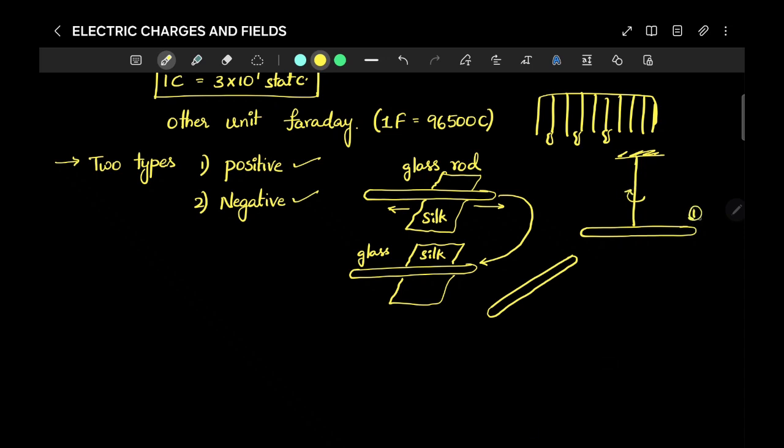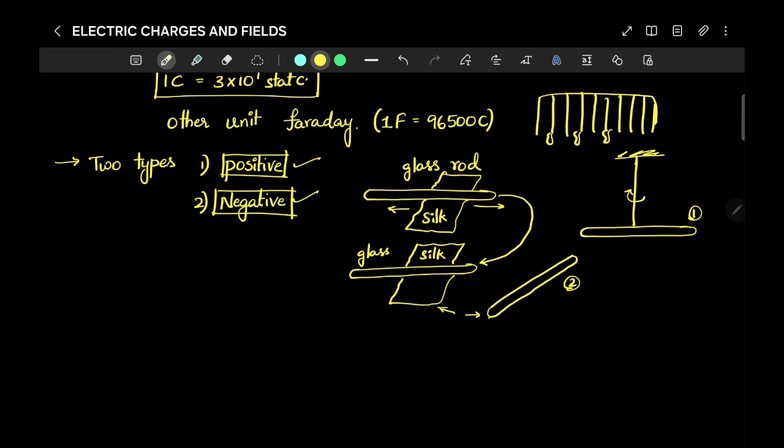At the same time, if you bring this glass rod near the silk cloth, they get attracted to each other. Sometimes there is attraction and sometimes repulsion, so based on this we have divided charges into two types: positive charge and negative charge.